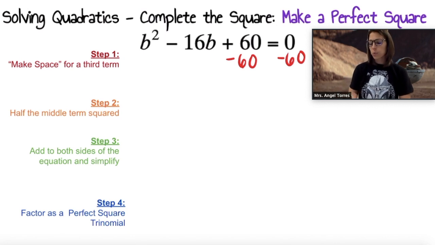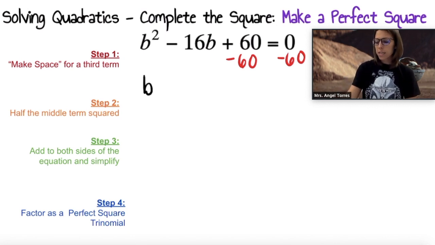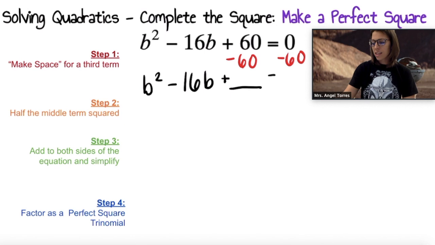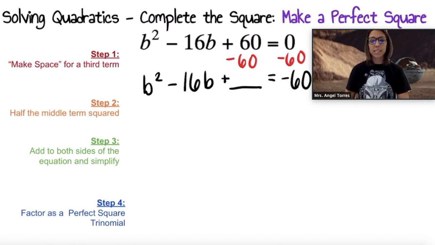What does that leave us with? That leaves us with b squared minus 16b plus essentially nothing equals negative 60. So we've kept the equation equivalent. We haven't changed its value, but now we have space for a new third term. But what is that third term going to be?